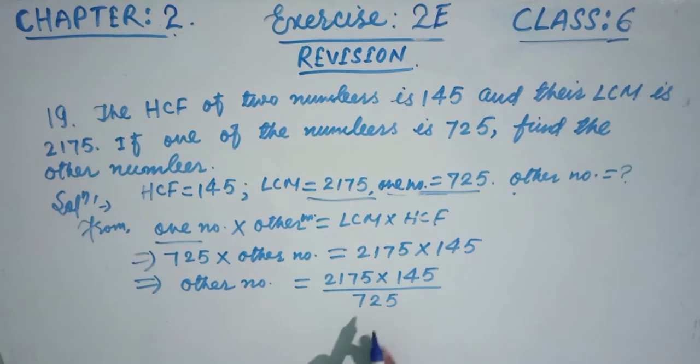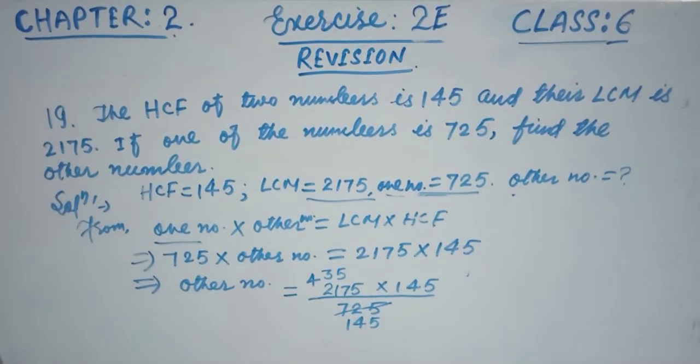Look, friends, the numbers having 5 in the ones place will get cancelled by 5. Now see: 5 1s are 5, 5 4s are 20, and this will become 25. So this 725 will get cancelled by 5 as 145 times.